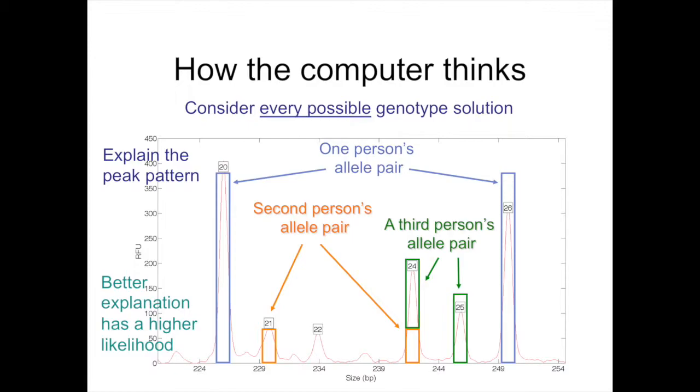And now a third person's allele pair we could propose would be a 24 and a 25, and that's shown in green. If we add up the quantities of those different alleles, then we get a pattern of high, low, nothing, nothing, intermediate, intermediate, and high. The heights of those added up rectangles are close to the heights of the peaks.